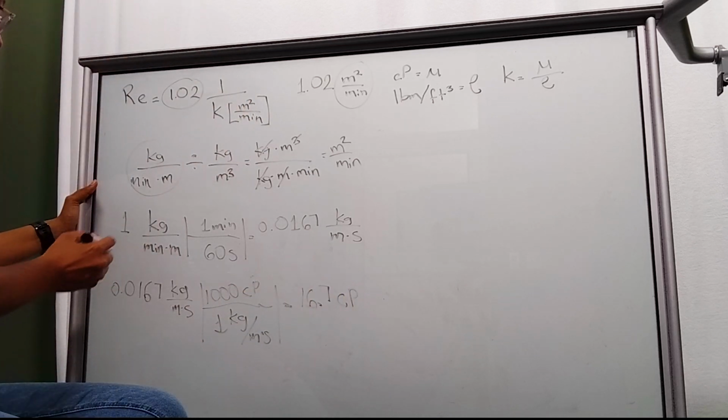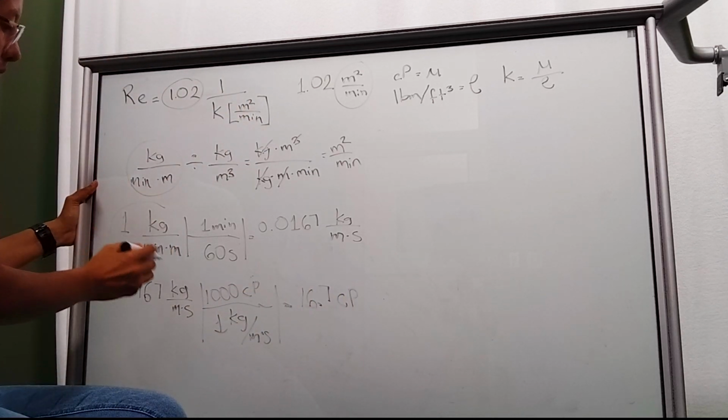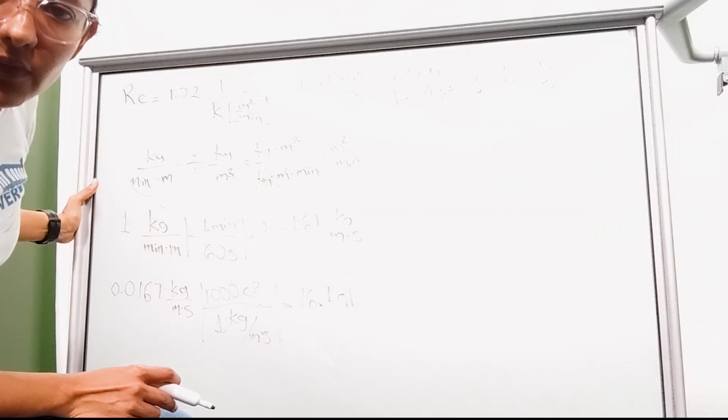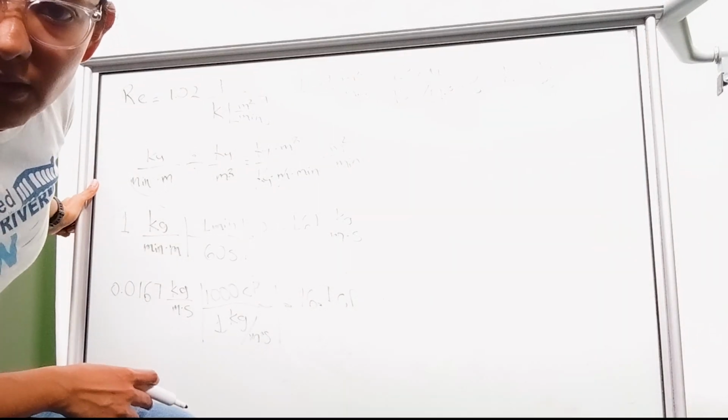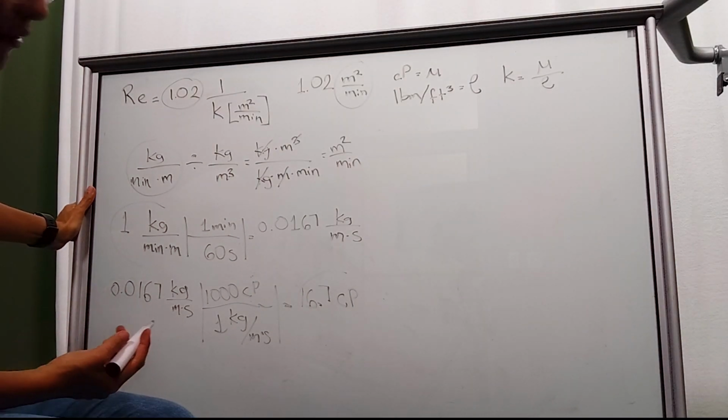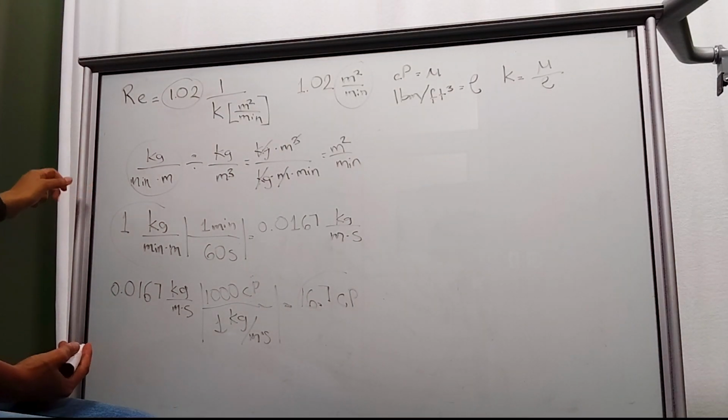So now we know that in 1 kilogram per minute per meter, we have 16.7 centipoise. Okay? I hope you can see it. Yeah, if not, I need to adjust the brightness in the video.